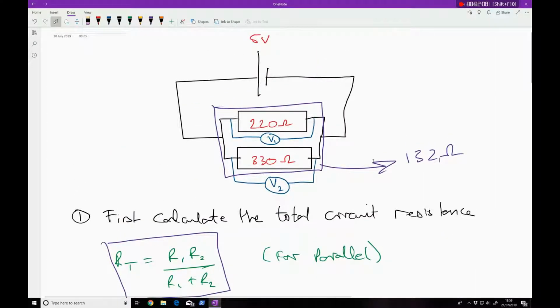So Kirchhoff's first law says that at a junction, if I have I1, in one path I have I2, and in another path I have I3, then I2 plus I3 equals I1.